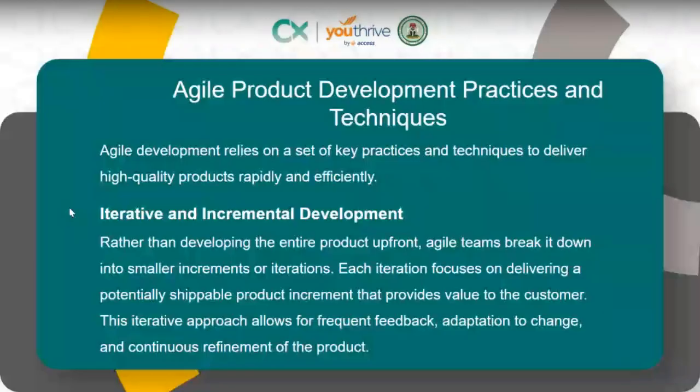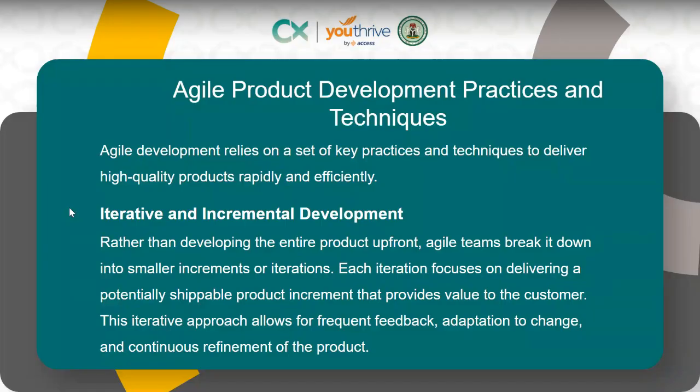The iterative approach allows for frequent feedback, adaptation to changes, and continuous refinement of the product. So with this, it's all about being iterative and ensuring that for each iteration, a level of value is provided to your customer.